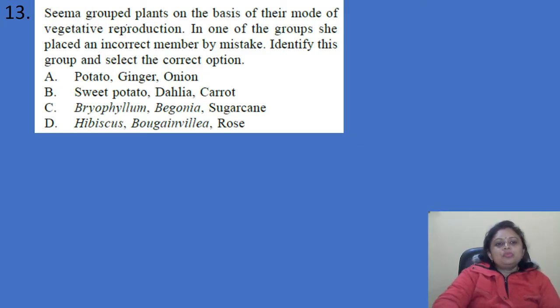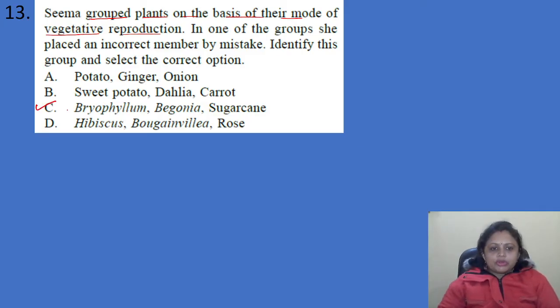Among the options, option C is the correct option. Here the mode of vegetative reproduction of bryophyllum, begonia and sugarcane is not the same.